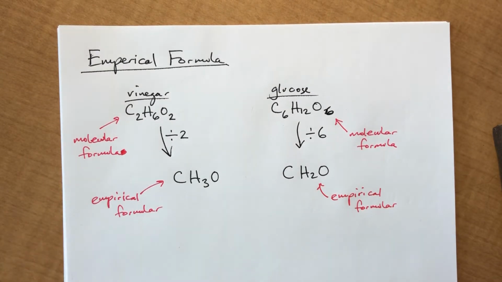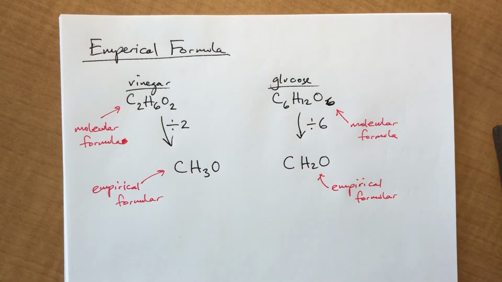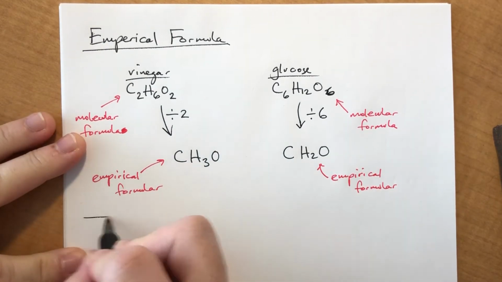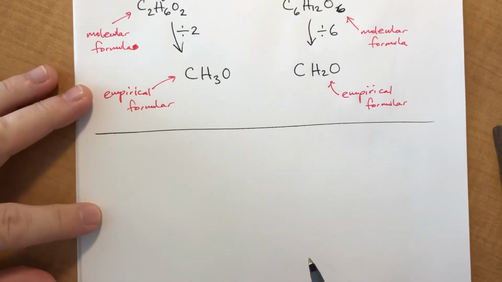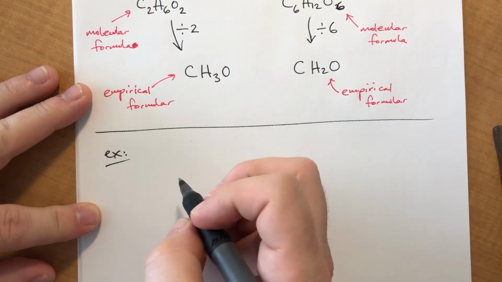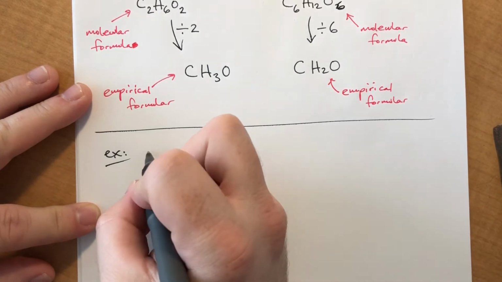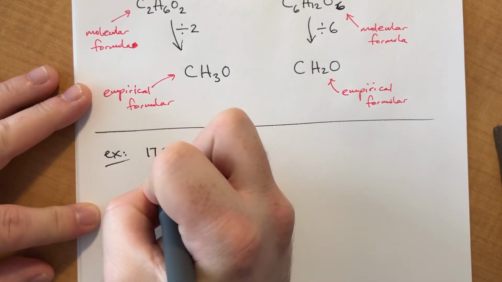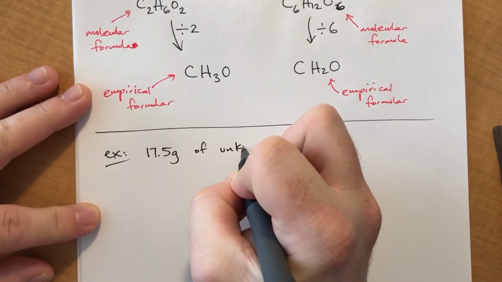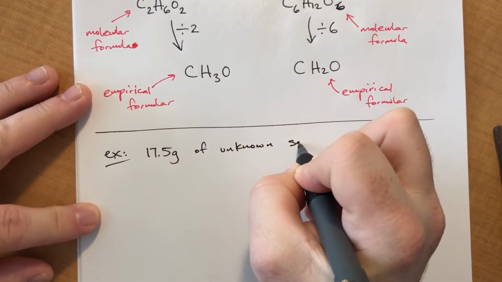So let's try an example where we know the weights of each of the elements in a compound, and we want to know what is the empirical formula. So here's an example. We have a compound, and basically we have 17.5 grams of an unknown salt.